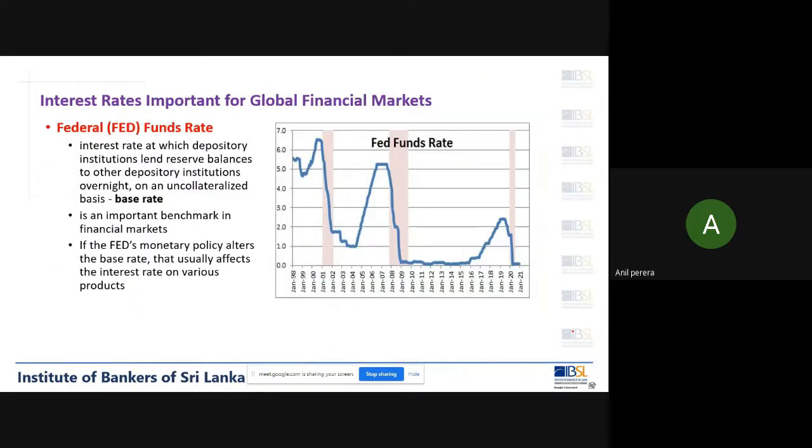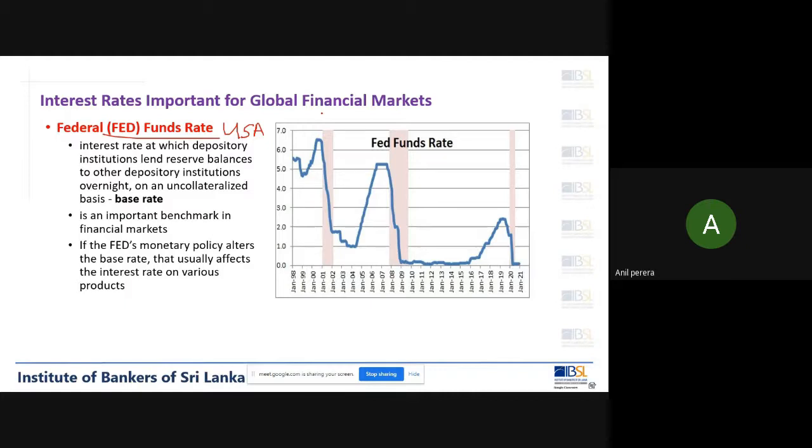Then let's look at some of the international interest rates operated in international markets. There are two main important interest rates in the international markets. One is the Fed funds rate, federal funds rate. Federal means this is actually published by or relevant to the USA market.